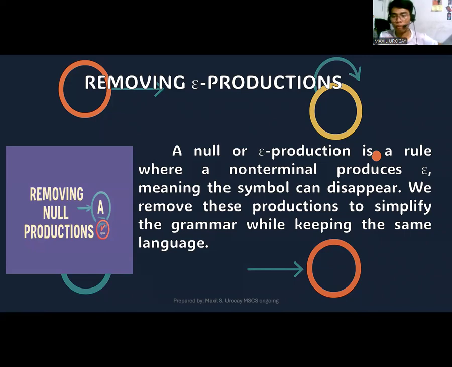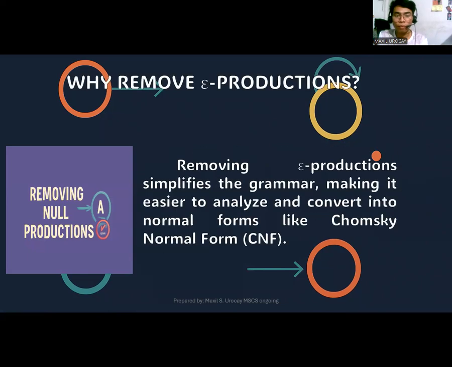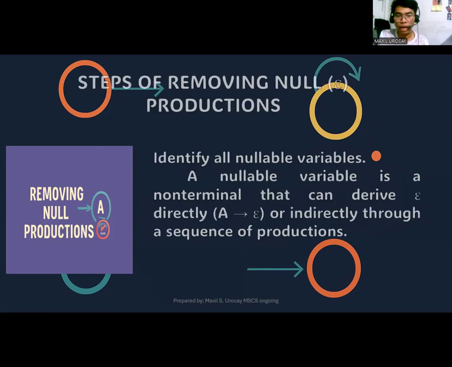We remove null production to simplify the grammar while still preserving the language that it generates. Removing this makes it easier to analyze and convert into normal forms like the Chomsky and Greibach, and identifying all this will be the steps that we have to consider.